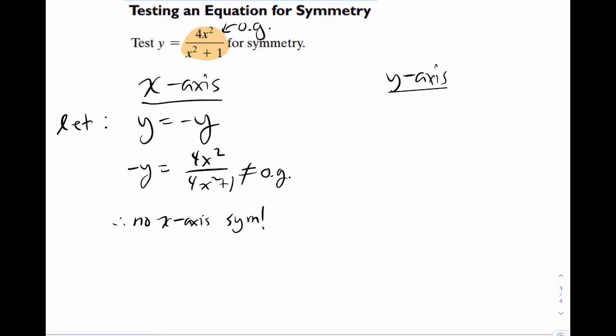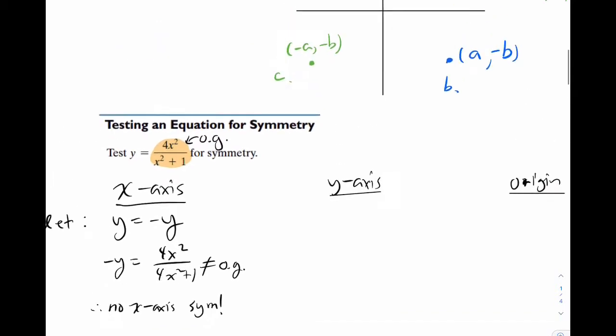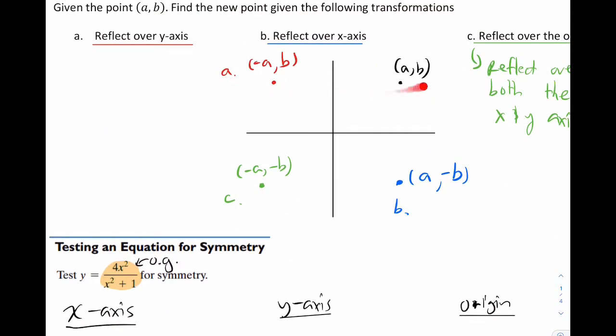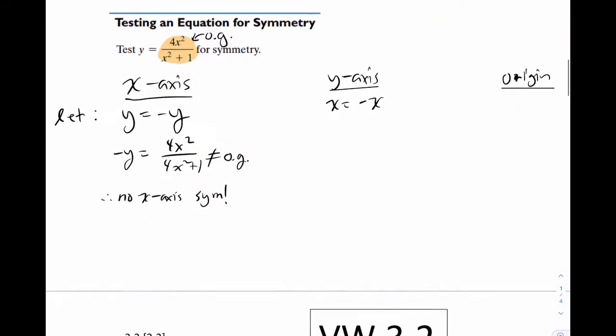Next part. For y-axis symmetry, if you think about the y-axis, look right here. The y stays the same and the x negates. So what we're going to do is we're going to say let x equal negative x. And again, we're seeing if the function changes. So plug it in. And some of you might be noticing what's about to happen.